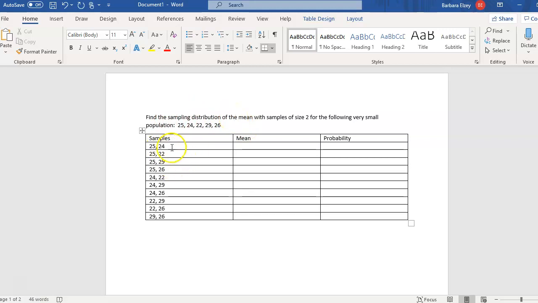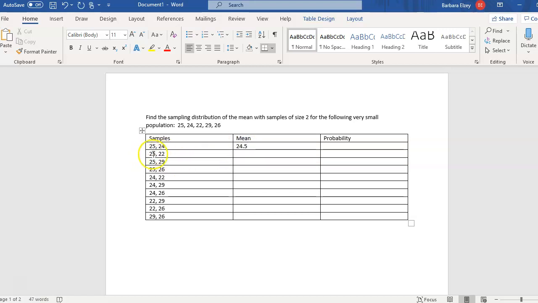Now that we've got our individual samples, we're going to find the mean for each of the samples. For the 25 and 24, I'm going to add them together, 25 plus 24, and then divide by 2. When I put that into the calculator, I'll get 24.5.